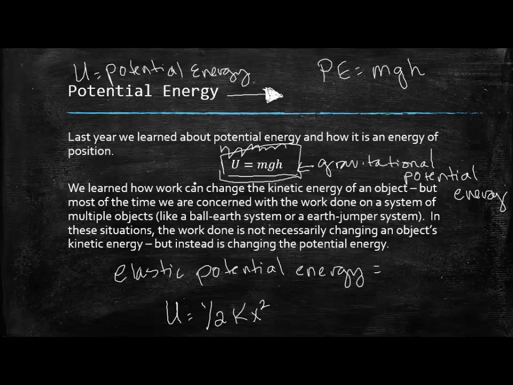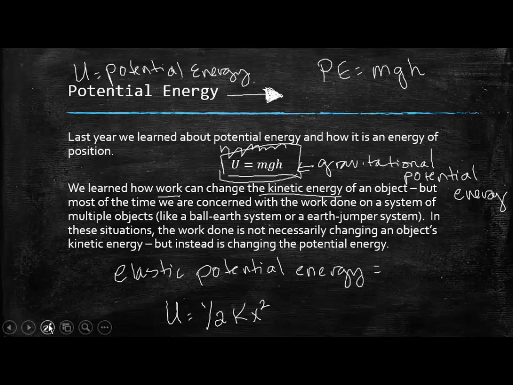All right, so like I said before, we just learned that work can change the kinetic energy of an object. But we also have to keep in mind this idea of conservation of energy. So if something is changing its kinetic energy, it's also going to be changing its potential, because a loss in kinetic energy is going to be a gain in potential and vice versa.